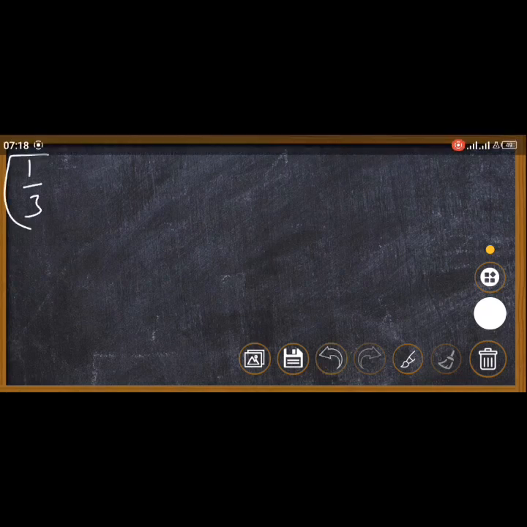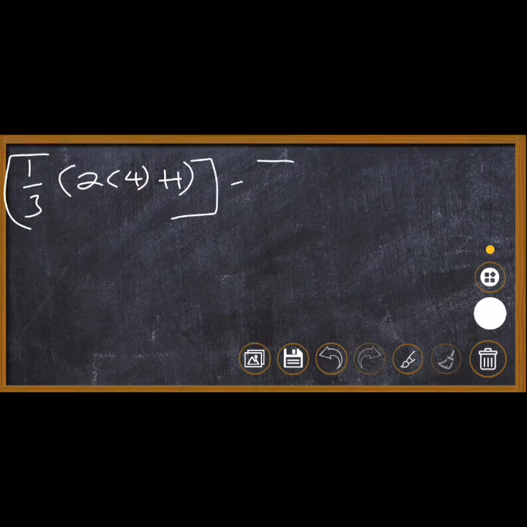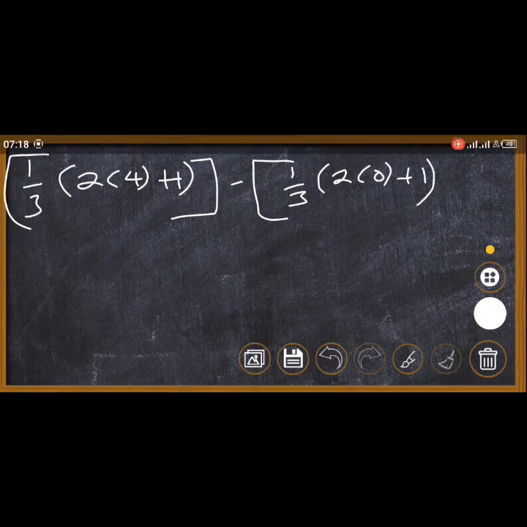I will replace firstly where there is x with 4, so we are going to have 2 times 4 here, then plus 1. And then minus, this time I will replace where there is x with a 0. Like that. So here we have 1. Let's now simplify the given expression.